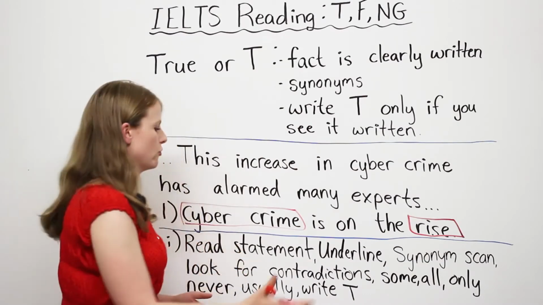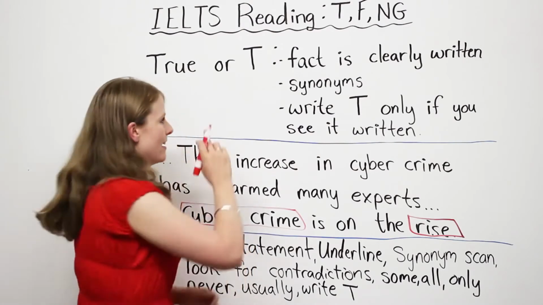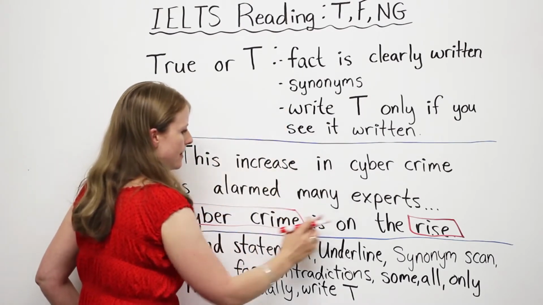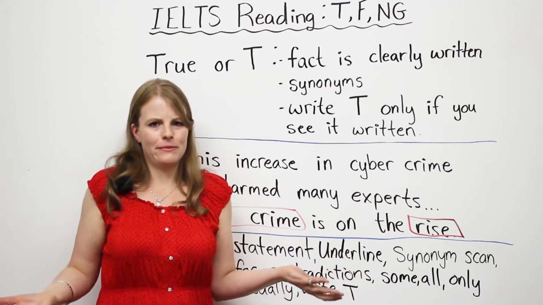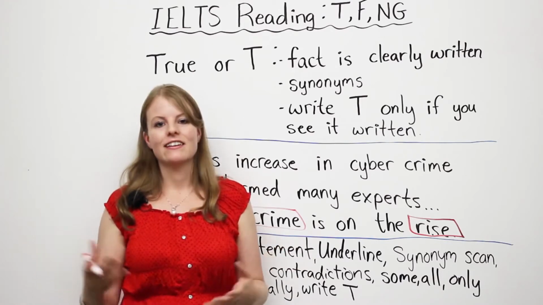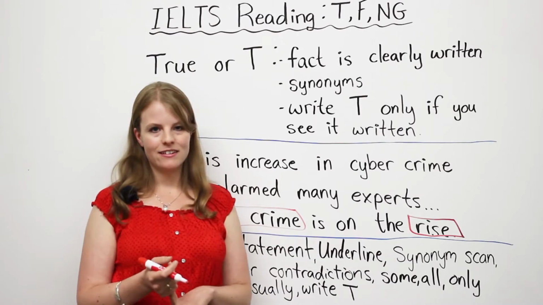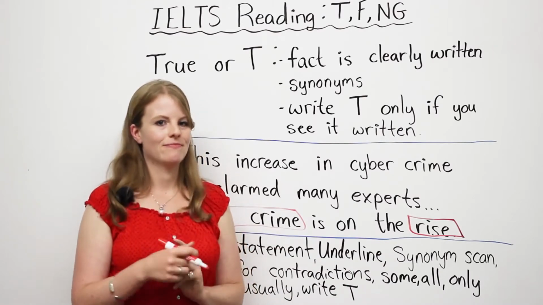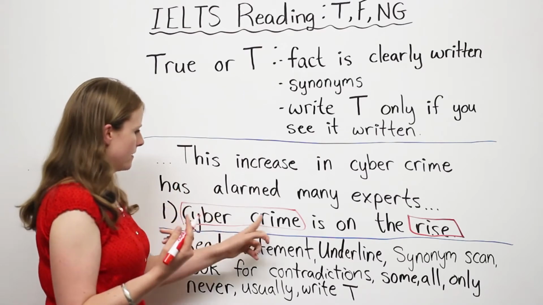Then you go back to the reading passage and you quickly scan for these words or synonyms. What are synonyms? Synonyms are words that mean the same thing but are different words. So what is a synonym of rise? Increase, go up.